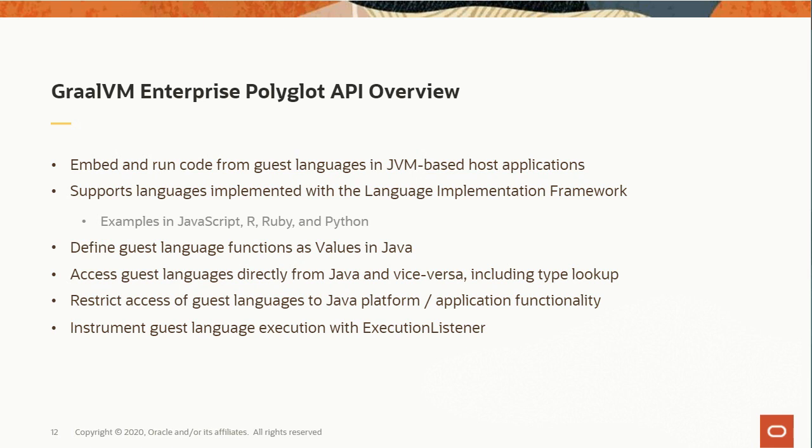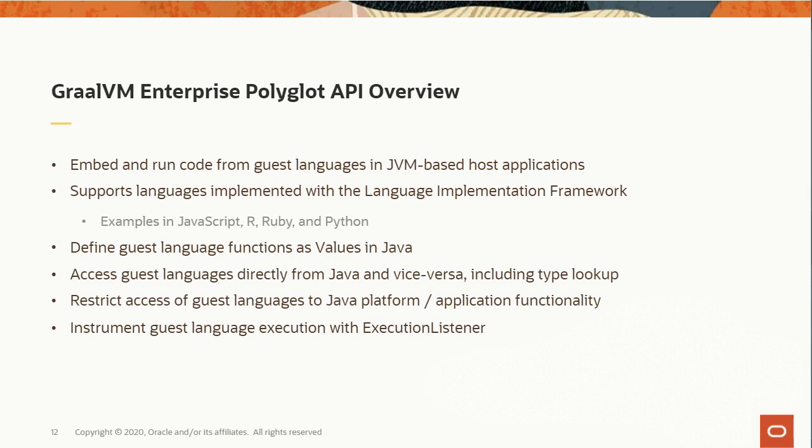We have examples of the Polyglot API in JavaScript, R, Ruby, and Python. You'll see this on upcoming slides. You can define guest language functions as values in Java. I believe this is the Polyglot API class, capital V Value. And you can access guest languages directly from Java and vice versa. You can access Java from guest languages on the GraalVM, and that includes type lookup from guest languages of Java types.